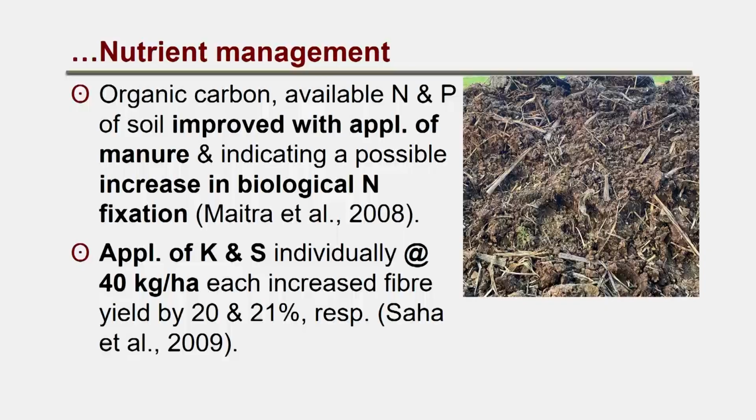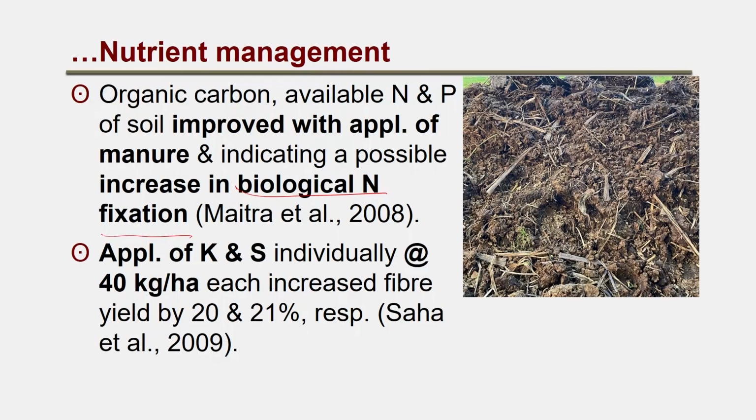It has been reported under certain conditions that addition of organic manures increases nitrogen fixation by legumes. Organic carbon, available nitrogen and phosphorus of soil improved with application of manure, indicating a possible increase in biological nitrogen fixation. So overall, addition of organic manure is quite advantageous.